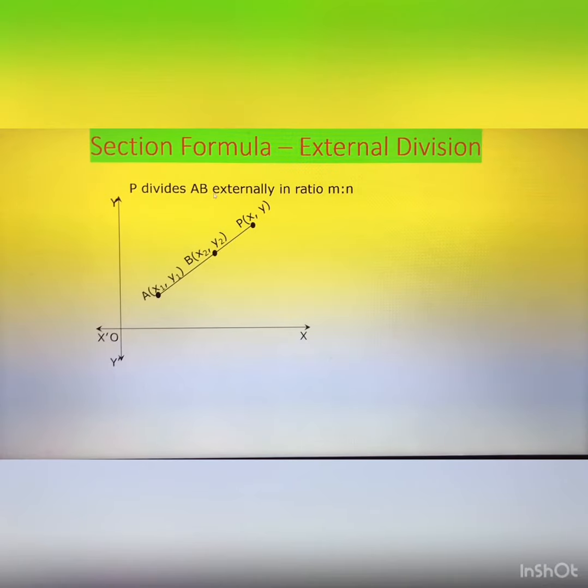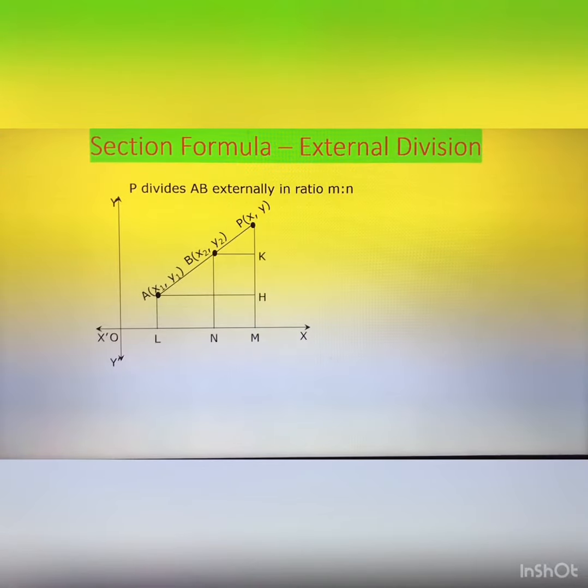So P divides AB externally in the ratio m:n. Let the ratio of this line segment be, this is m and this is n. Now again we will draw the perpendicular lines from these points as you see.